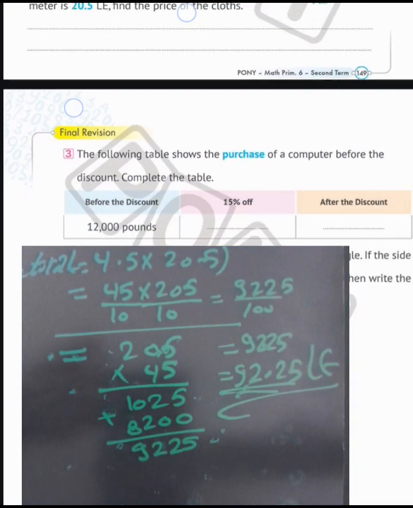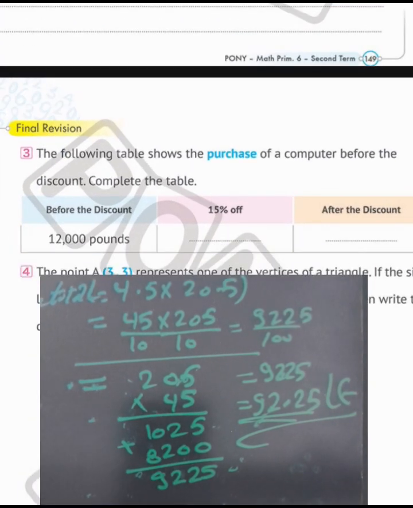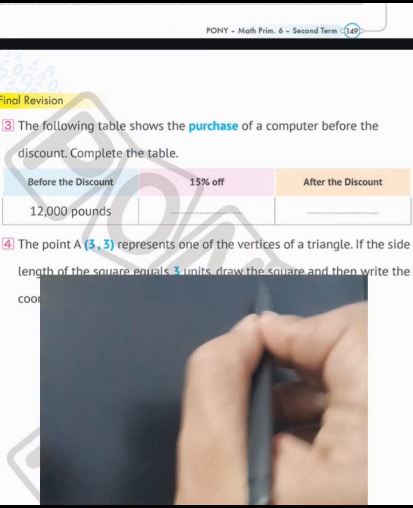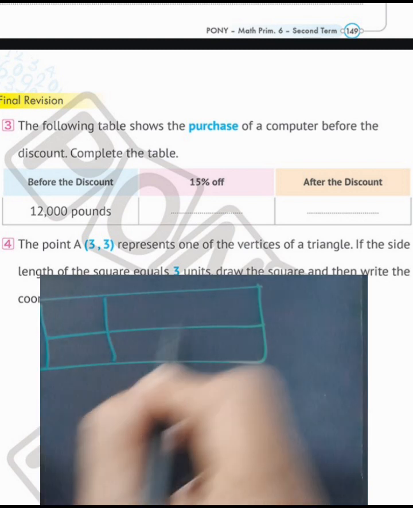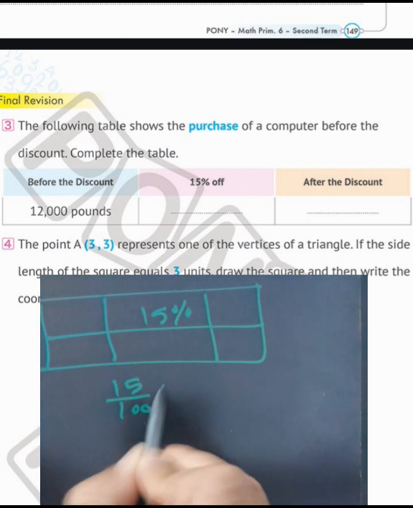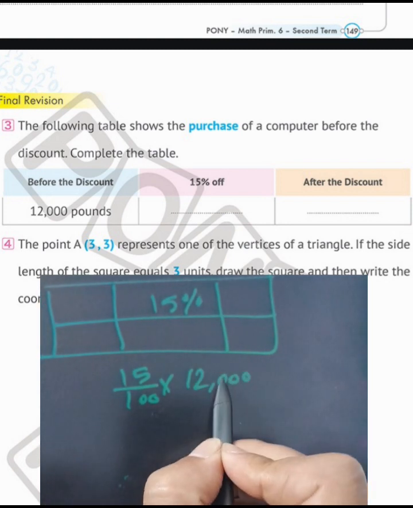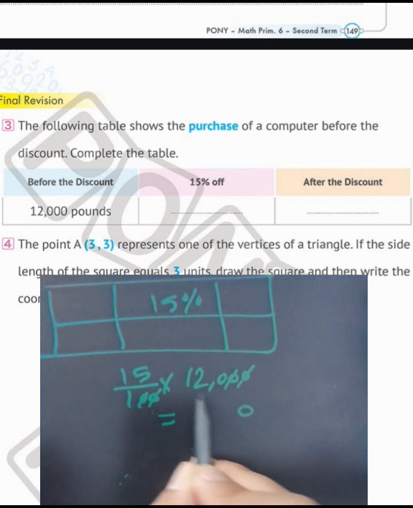Question number 3. The following shows the price of a computer before discount. The discount was 15%. Okay, we can find the discount. We have 15 over 100 times the total money, 12,000. Cancel double zero by double zero and write 0 here. 12 times 15 equals 180.